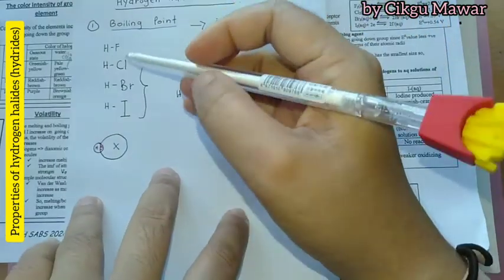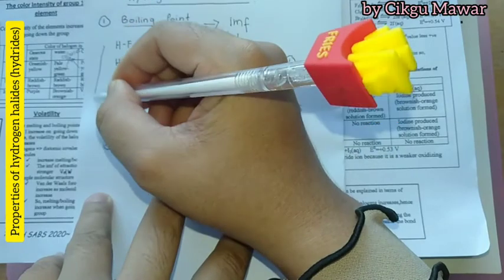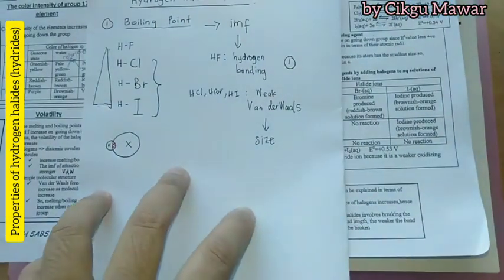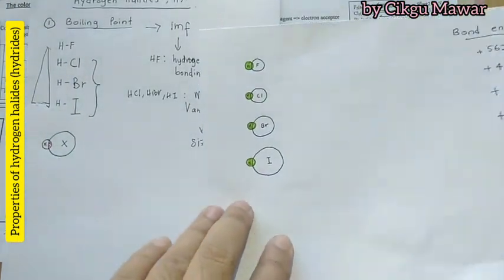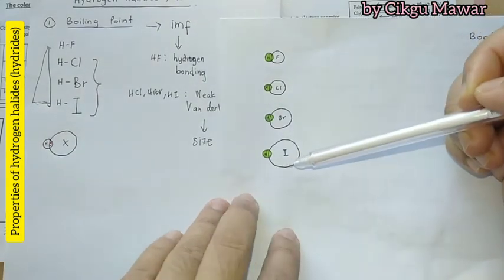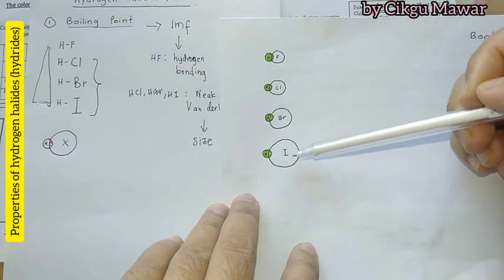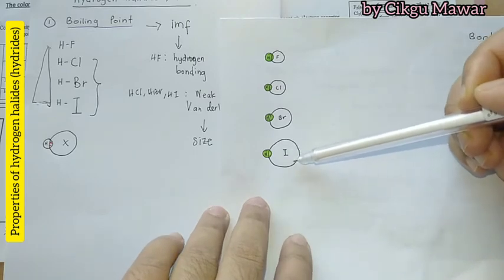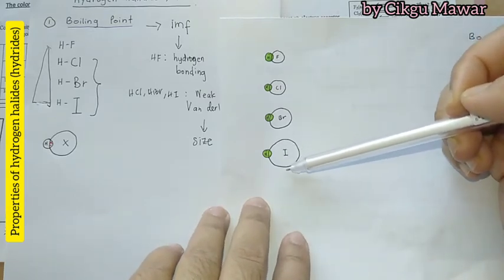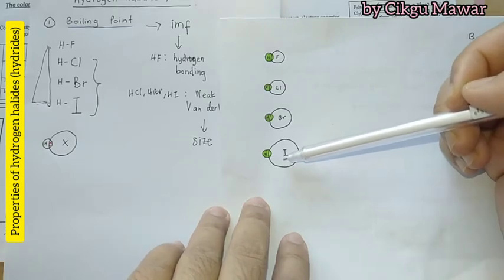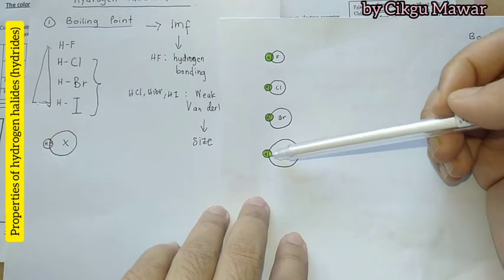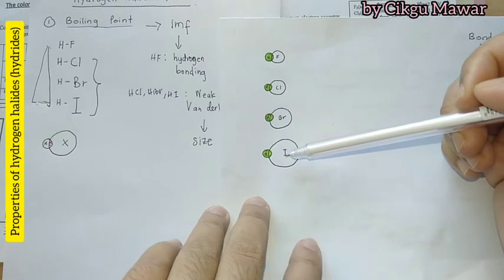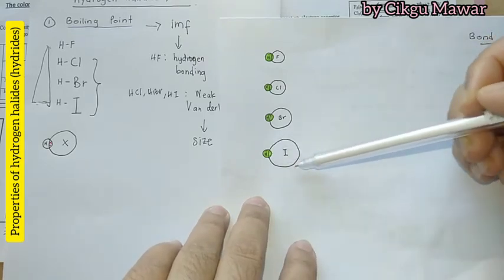Going down the group, the size increases. Hence hydrogen iodide has the larger size, so the total number of electrons in this molecule is the highest, and it has the stronger weak van der Waals forces because of the larger size.